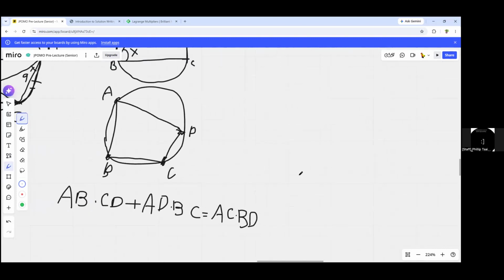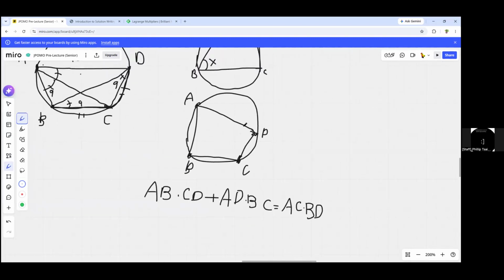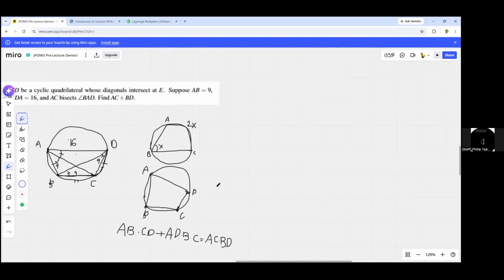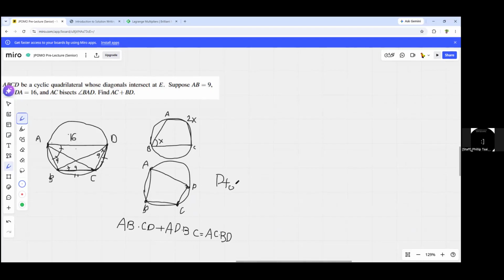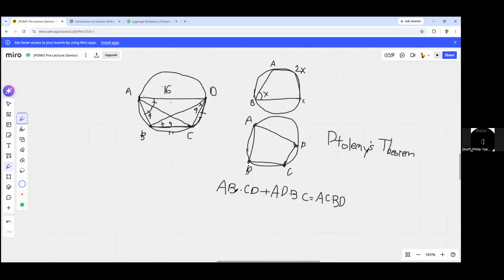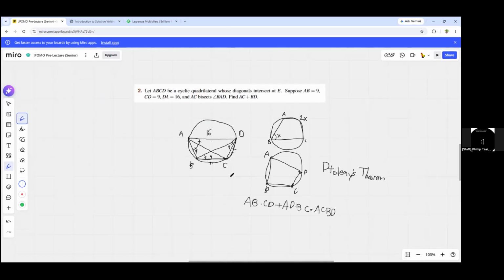I'm not going to go more in depth into this, but you can research the Ptolemy theorem. I think I might have misspelled it, but okay. This theorem helps us find the product of the diagonals.